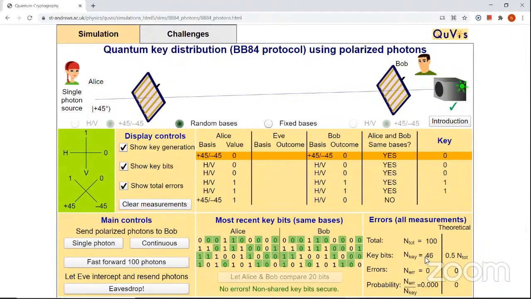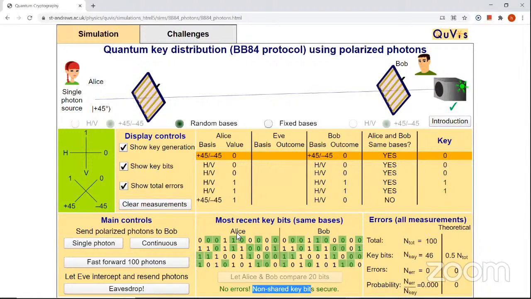So ideally, if there is no Eve, 46 bits were there, and out of those 46, let's suppose we use 20 for error detection. Randomly we match 20 bits and there is no error. These 20 bits are shared on the public channel. Alice will say my second and third bits are 0, 0. Bob will also say my second and third bits are 0, 0. They will say okay, matching. Now they will say the fifth and sixth are 1, 0.